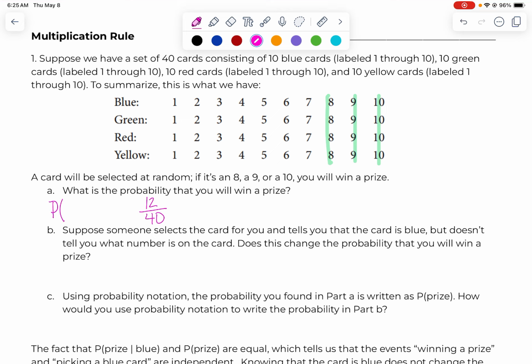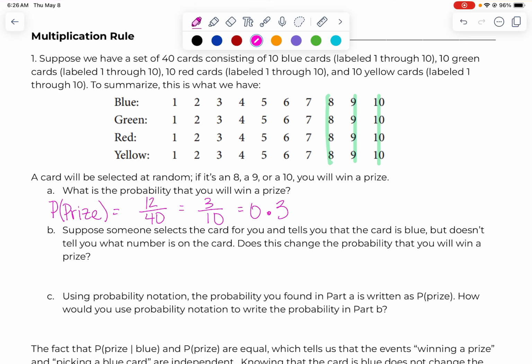So the probability that we get a prize is 12 out of 40. But this fraction can reduce, so we're going to reduce it to 3 out of 10, and then convert it to a decimal, which is 0.3. So we have a 0.3 chance to win a prize.